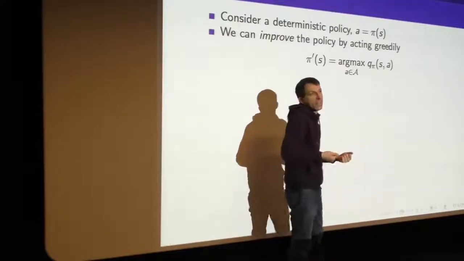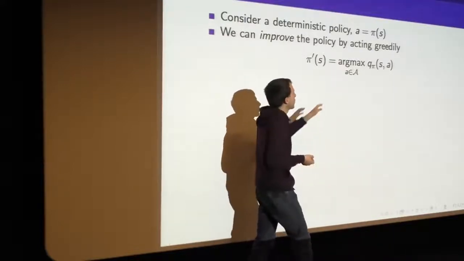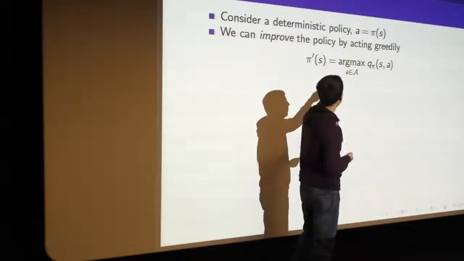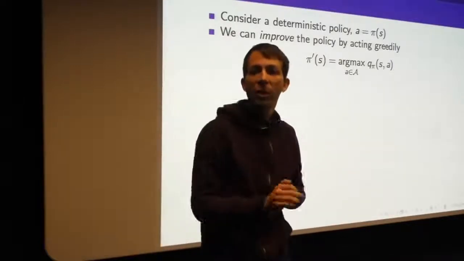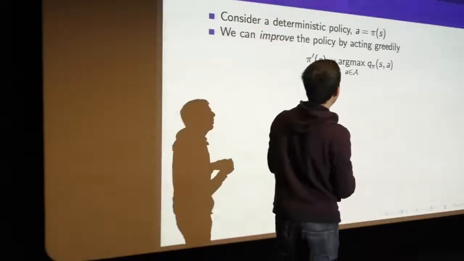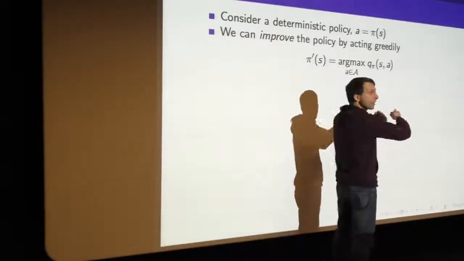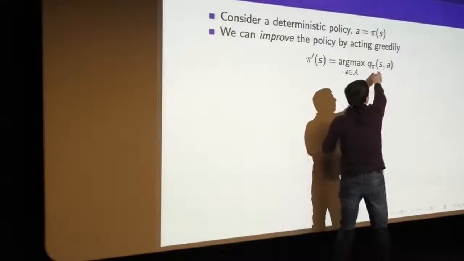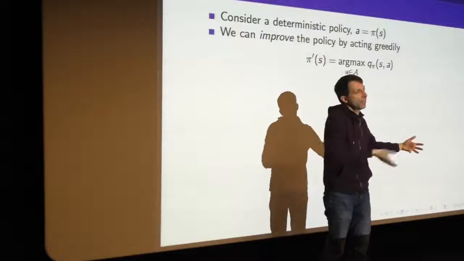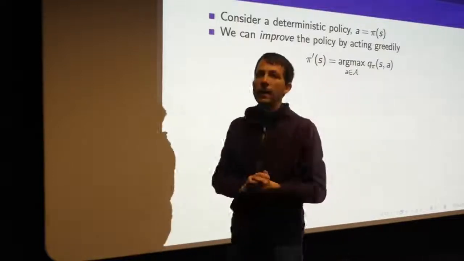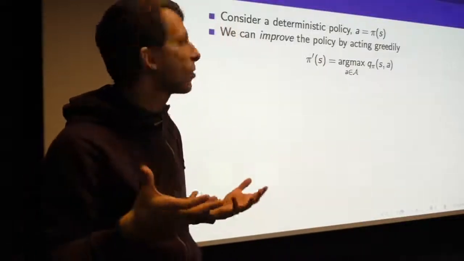We want to pick the action that gives us the most Q. That's what this argmax means. It just returns the action that maximizes this quantity. And Q, remember, is just the immediate reward when you take action A, plus the state value that you get where you end up. So that's what it means to act greedily.